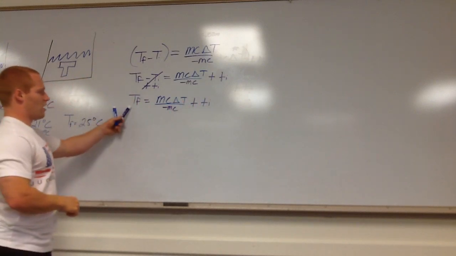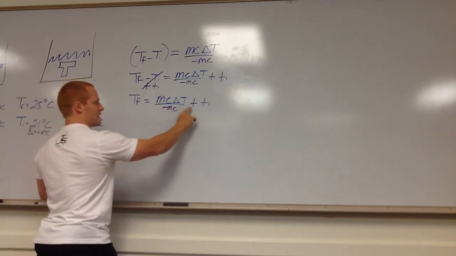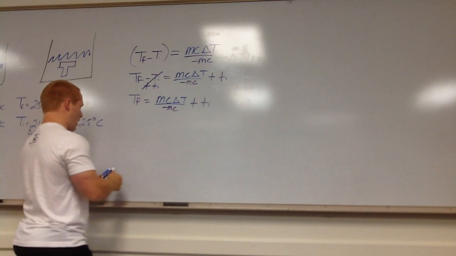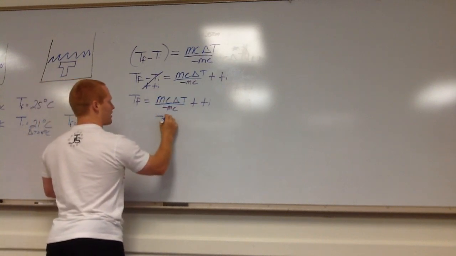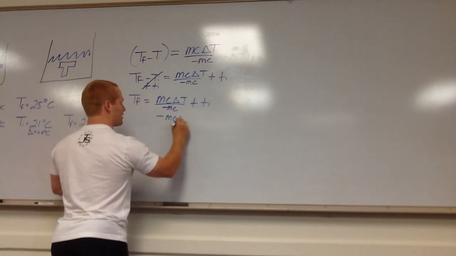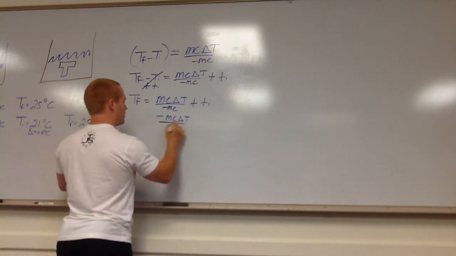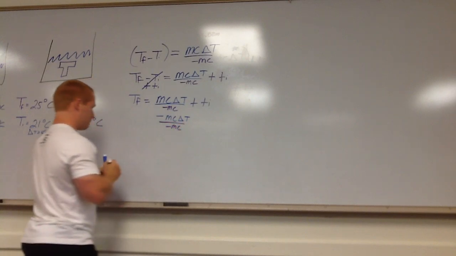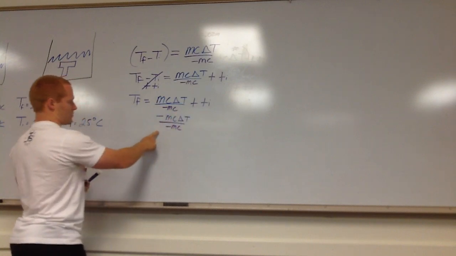This solves for TF. Now what I'm going to do, notice this whole term is being added to TI. So I'm actually going to subtract this entire term. I'm going to subtract MC delta T divided by negative MC. What that's going to do is that's going to cancel these out.